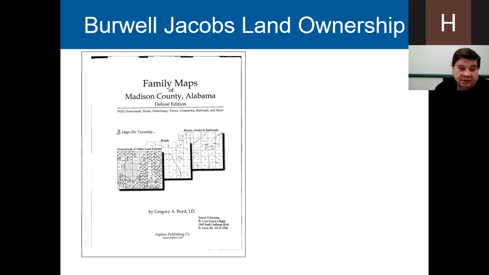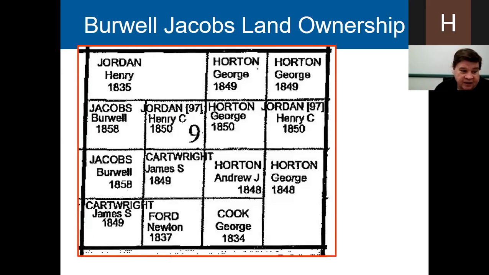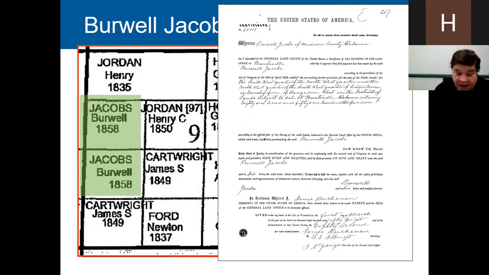It's Family Maps of Madison County. And if I look through the books, I can find that Burrell owned 80 acres of land that he patented from the federal government in 1858. And I can, in fact, get a copy of this land patent. He's the first person to ever own this particular 80 acres.